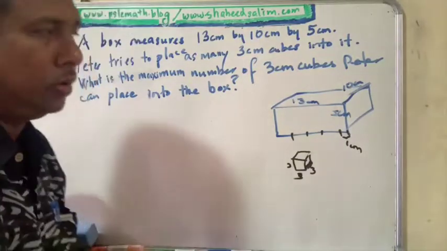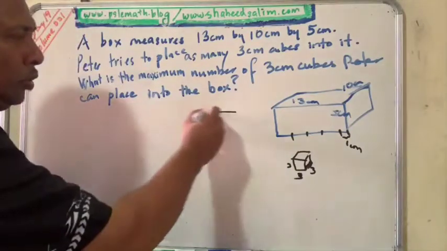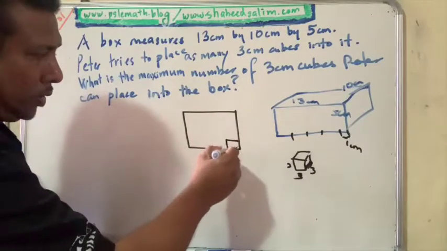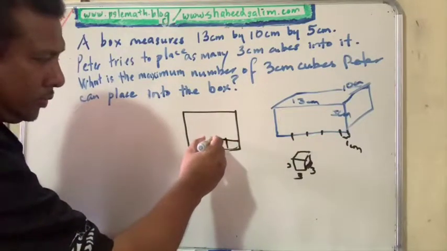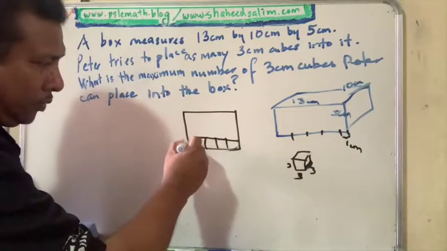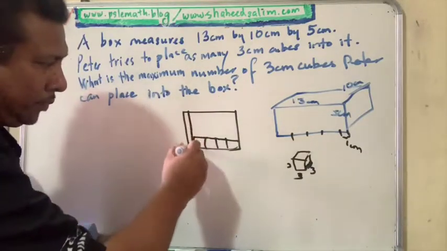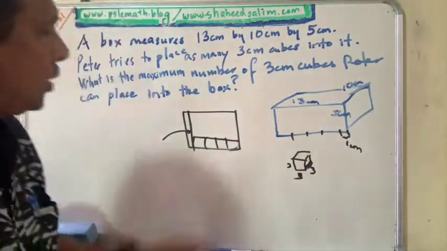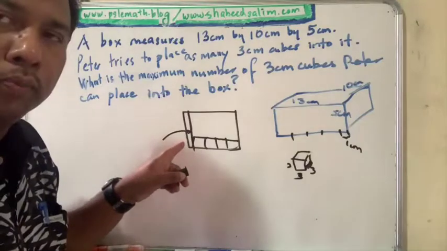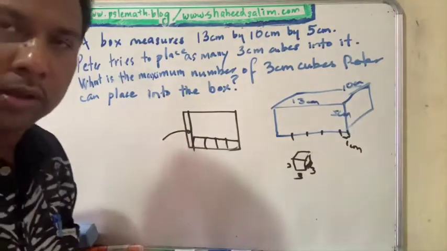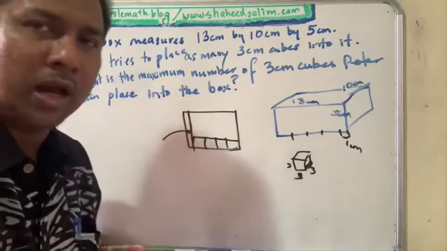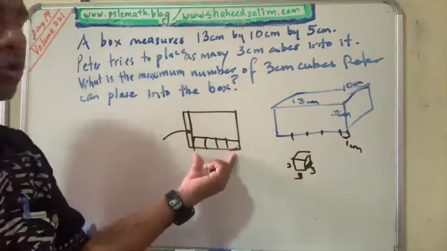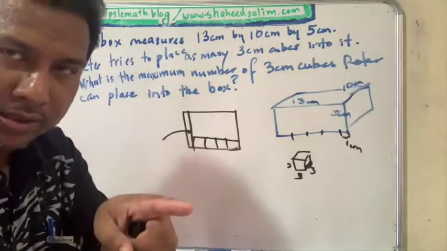This means that when you look from the top, if you fit 3, 6, 9, 12, this part of the box is unused, because you can't squeeze a 3 cm cube into a 1 cm space. So you can only use 12 cm. You cannot use 13 cm.